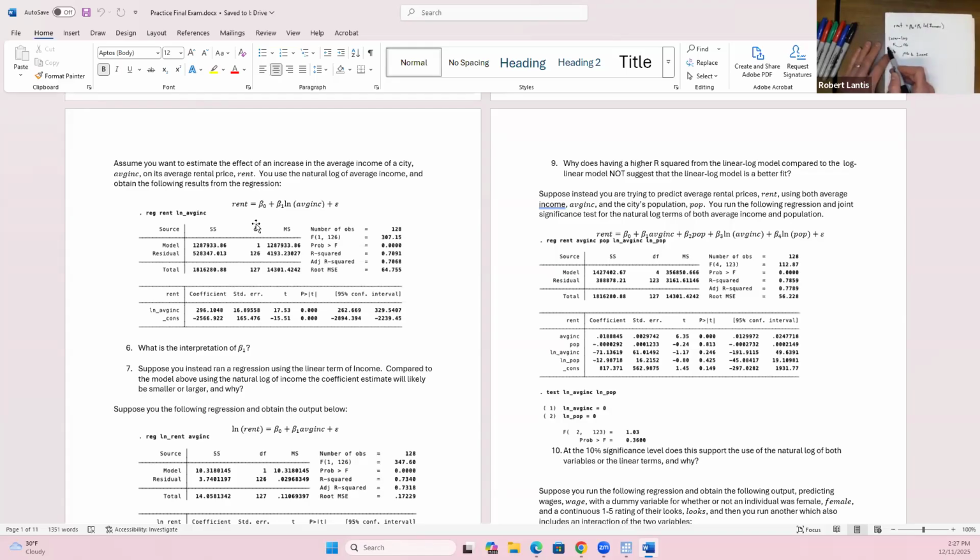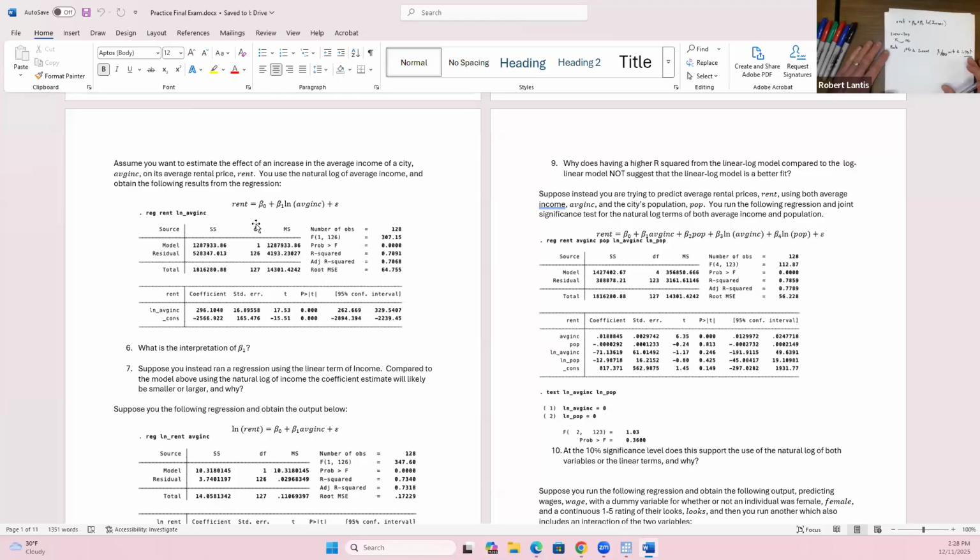So if I'm going from percentage to a proportion or probability, what would I need to do to convert a percentage into a proportion or probability? 90% is 0.9. So what are you doing there? You're taking whatever beta 1 is and you're dividing it by 100, right? So a 1% change in income would cause a beta 1 over 100 unit change in your y variable, okay?